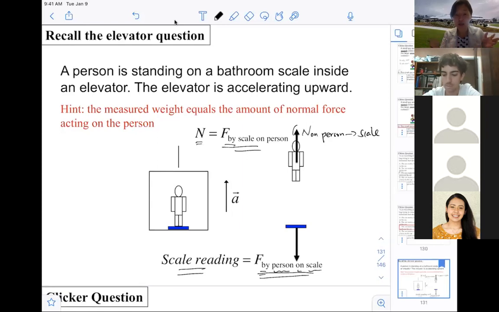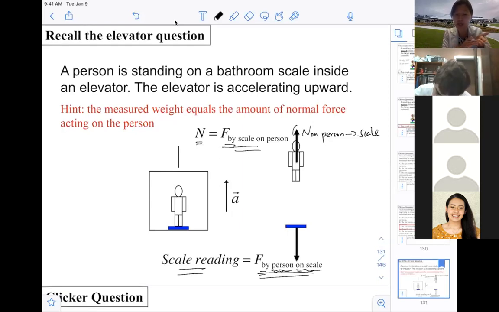They act on a pair of different objects, one on the person, one on the scale. They are equal in magnitude, right? How hard you push on the scale is reflected in your scale reading.